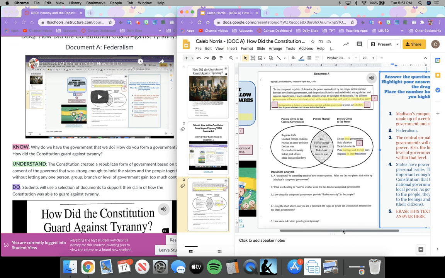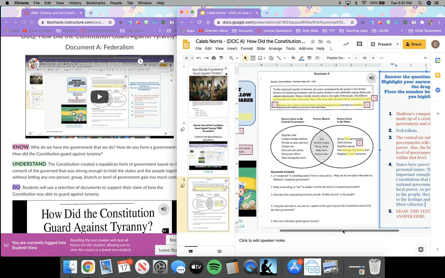It says, how does federalism guard against tyranny? Well, this whole idea of separating the power between the national government and the state government means that neither one can have too much control, which is exactly what a tyranny is when one group has too much control.